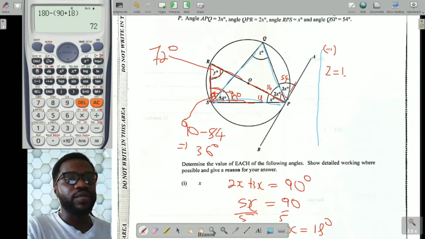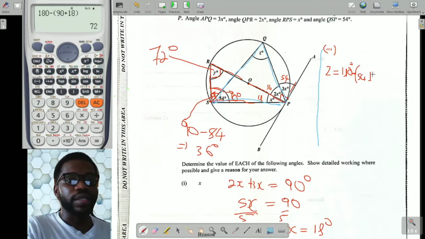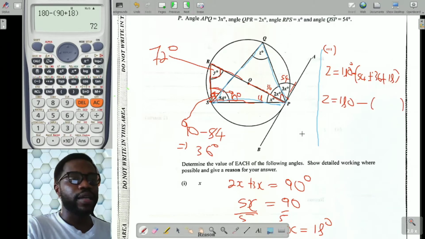So z would simply be equal to 180, because angles in a triangle add up to 180, minus the angles that we have there already, which is 54 plus 36 plus 18. So z is equal to 180 minus... again, you don't have to worry your brain because you have your calculator right here.